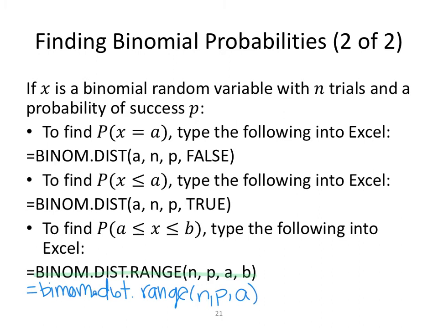You can see here above, I have information on how to use those other formulas. But again, I really feel that students do well with binom.dist.range, and they're not having to remember as much with all the different Excel formulas. So I'm going to try to stick with binom.dist.range.